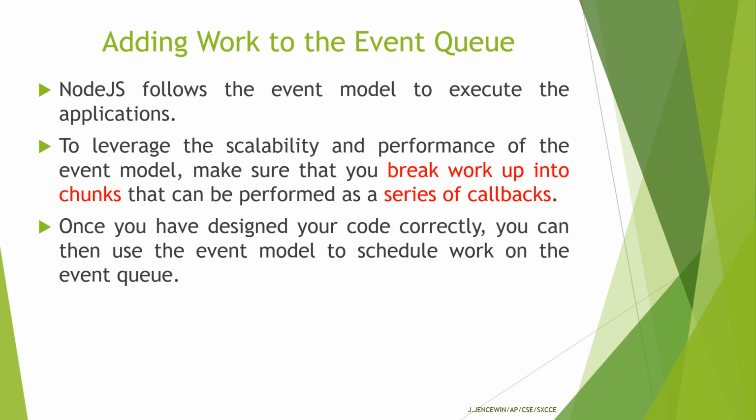The major aim is that we do not directly add the request to the event queue. The main request is divided into different subtasks, and each subtask is added as a callback for the main task.